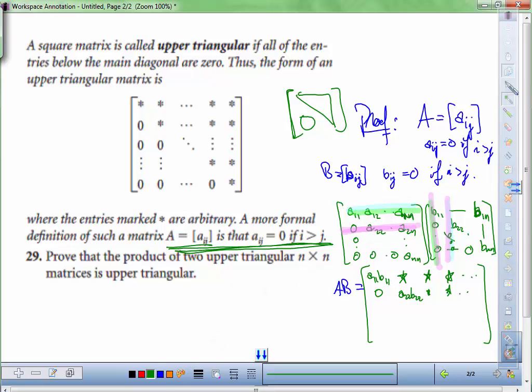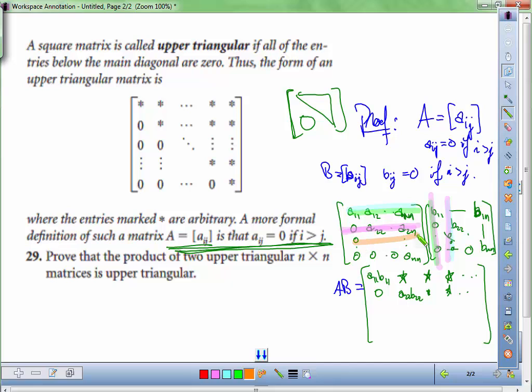So now, if we do the third row and the first column, we'll see a 0 here and a 0, and then zeros for the rest of them.